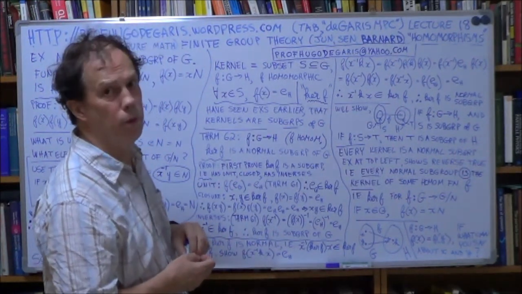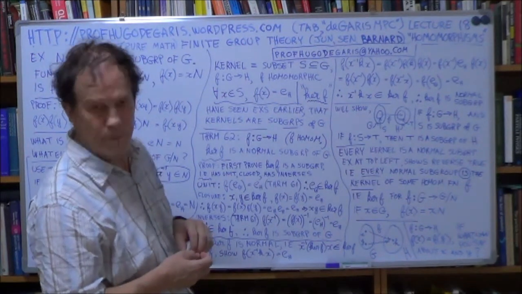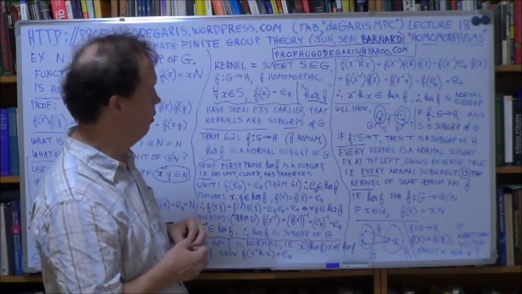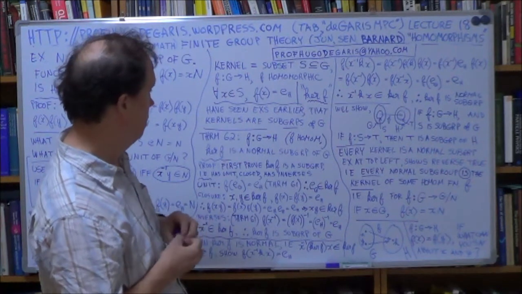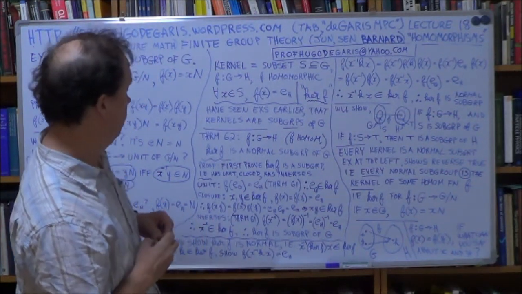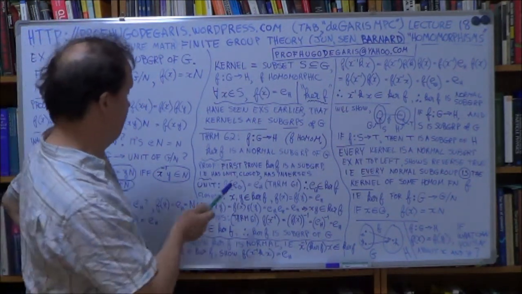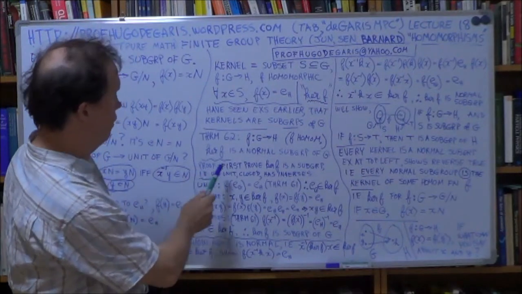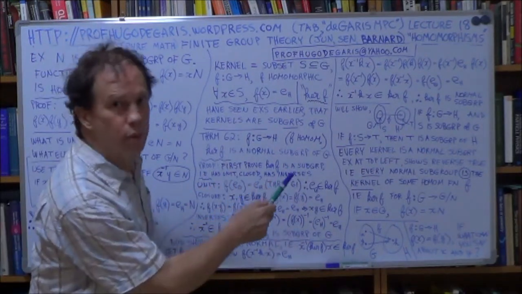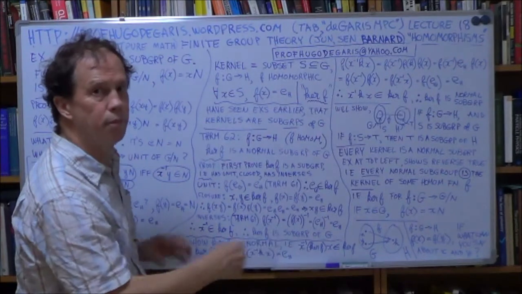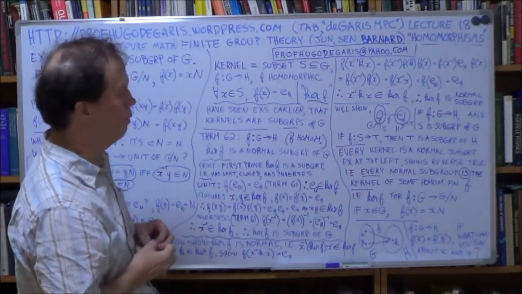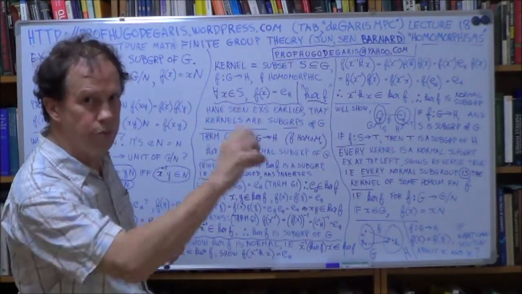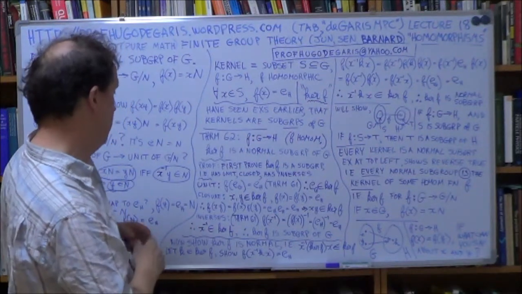So let's do the proof. We'll first prove that it's a subgroup, and in a second step, prove that it's a normal subgroup. So we'll take two bites at the cherry.